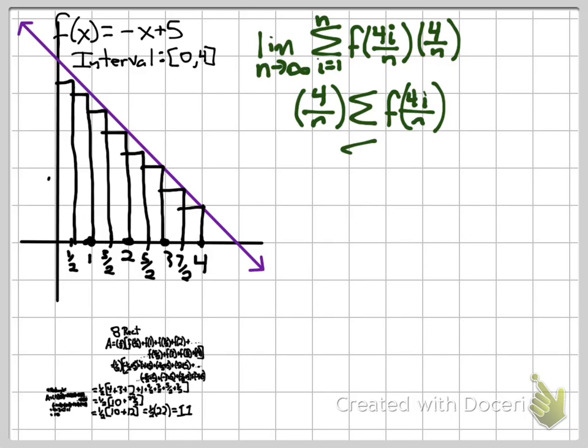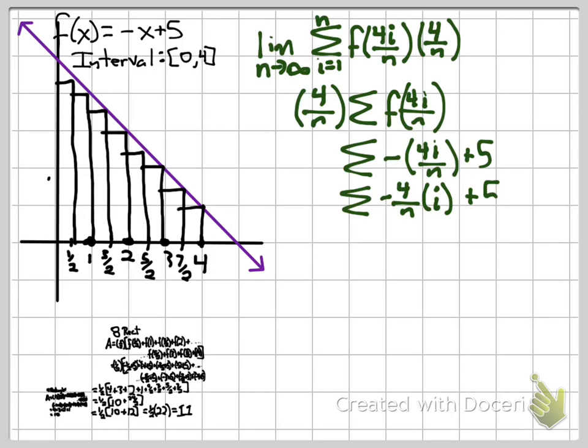Now I'm going to put that into the function. The function we said was negative 4i over n plus 5. I'm going to rearrange some things here. I'm going to make this negative 4 over n times i plus 5. Now, whenever we have a sum with i or a constant, we're going to change them a little bit.